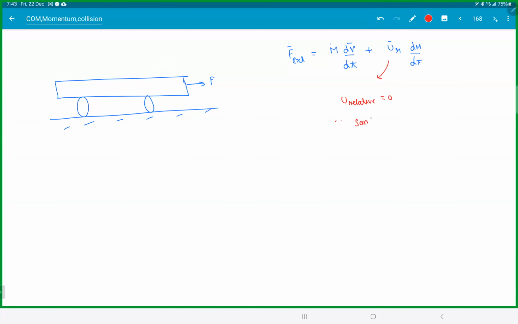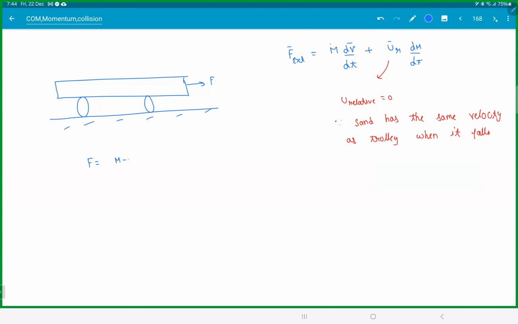Since the speed of the trolley is changing, but the sand at that instant will have the same speed. Sand has the same velocity as the trolley when it leaves or when it drops. So basically the second term is 0.